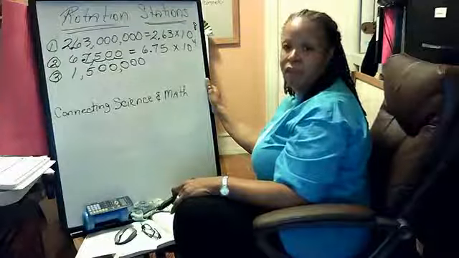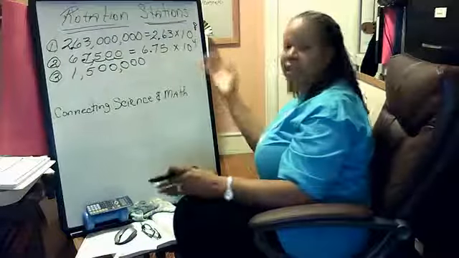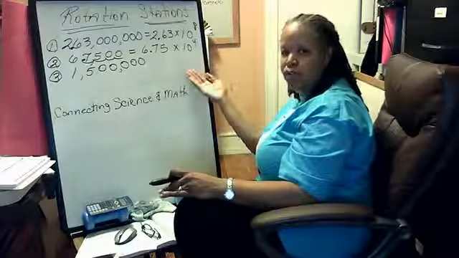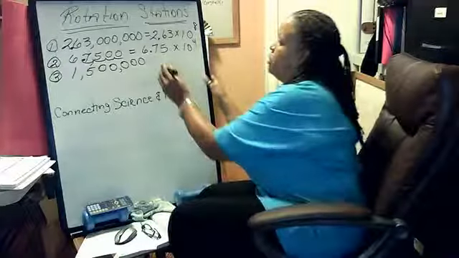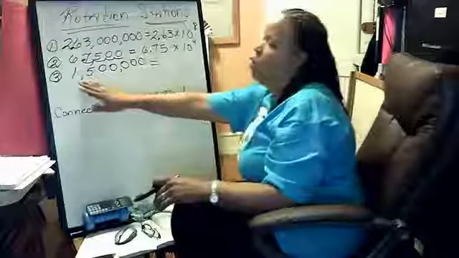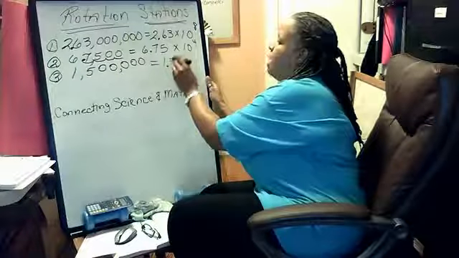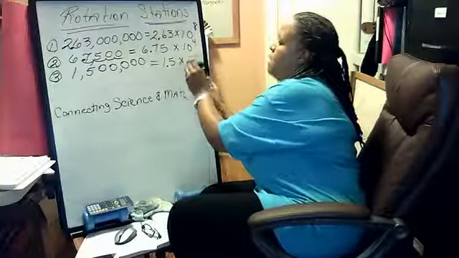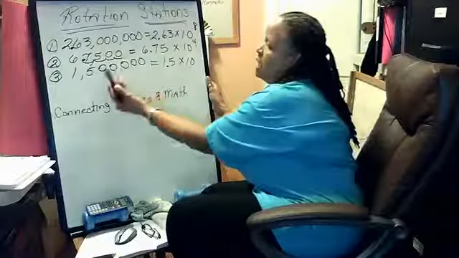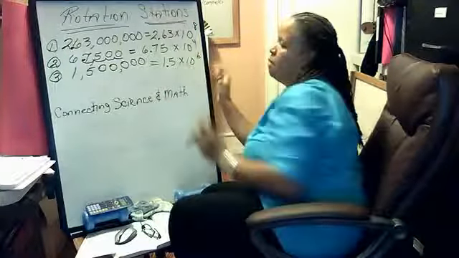Okay? That's what we call scientific notation. It makes the number easier to read and easier to understand. Let's look now at 1,500,000. That would be 1.5 times 10 to the 6th power.